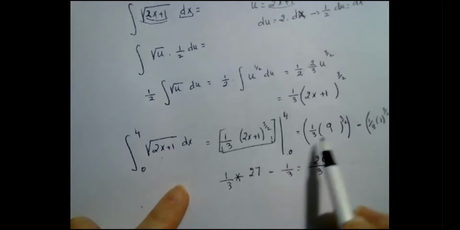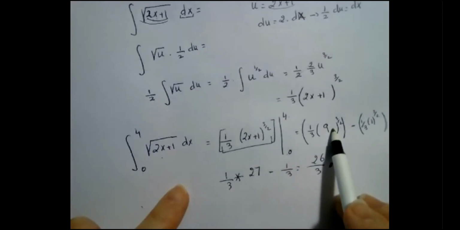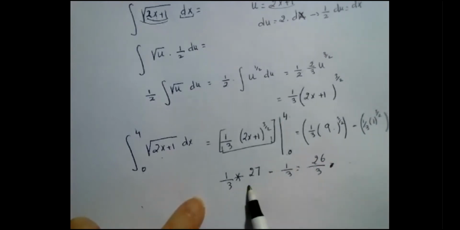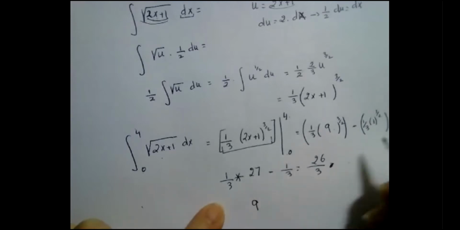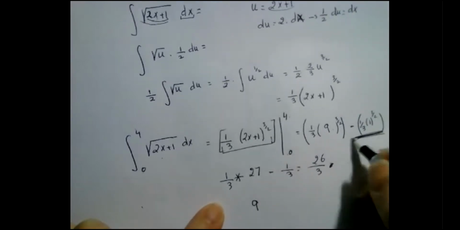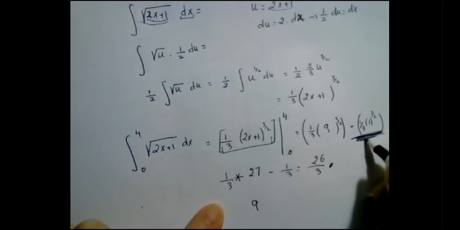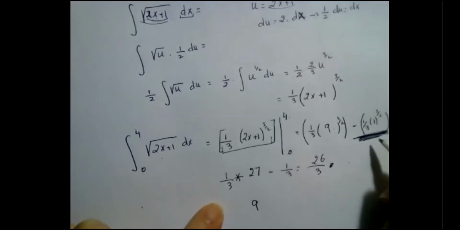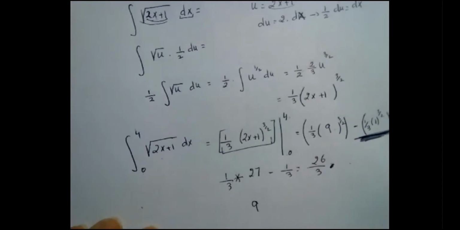Yeah, this is 27, right? Yes. And then 1/3 of 27 is 9, I think. That's what I have in my calculator. Yeah, but then you forgot this piece. Okay. Thank you. Yeah, students a lot of times forget this piece, so I'm glad you mentioned it.